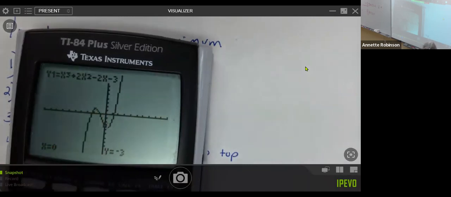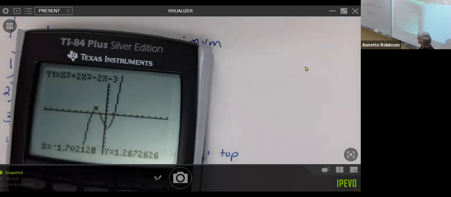So I'm going to use the left arrow key. Do not use up and down. Move your cursor as close to the top as your eyesight will let you. It doesn't matter if you're not in the same spot I'm in.